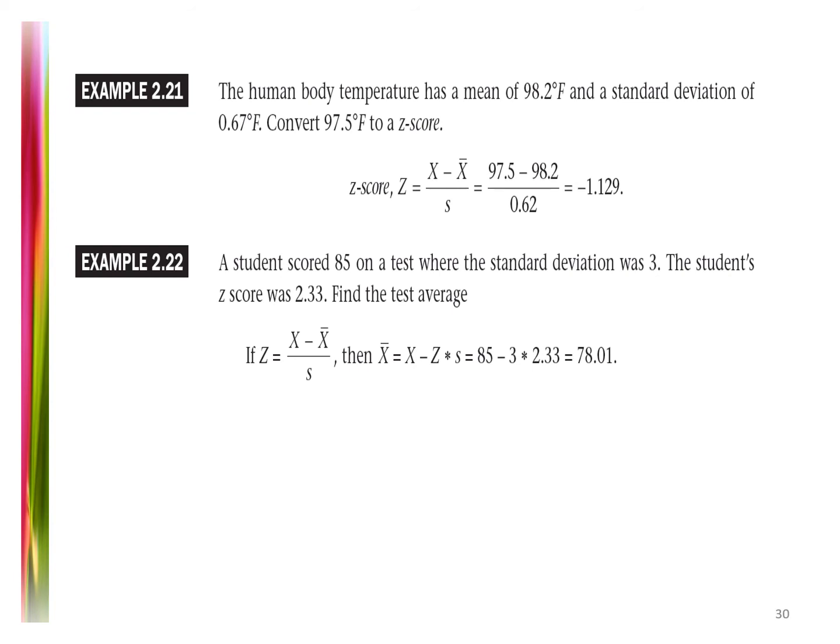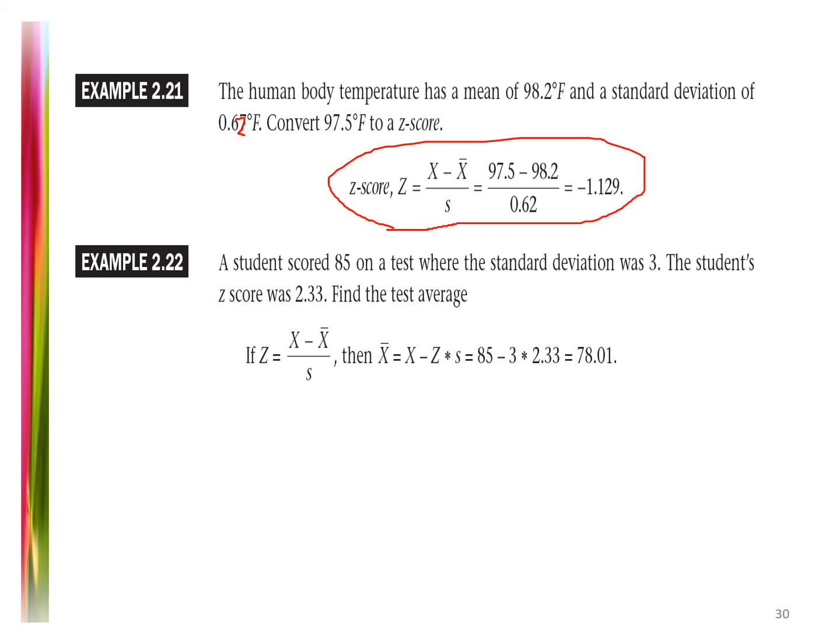There is the observation 97.5 and the average 98.2, so 97.5 minus 98.2, divided by the standard deviation, which should be 0.62. Actually, this may be a typo, it is 0.62. All right, so that is equal to negative 1.129. So the Z-score value is negative 1.129. So a Z-score may be 0, negative, or positive.